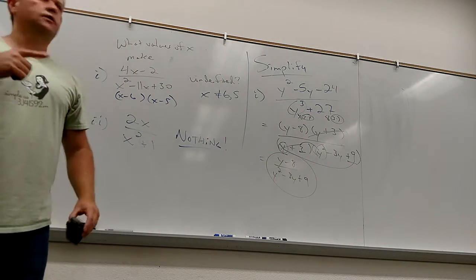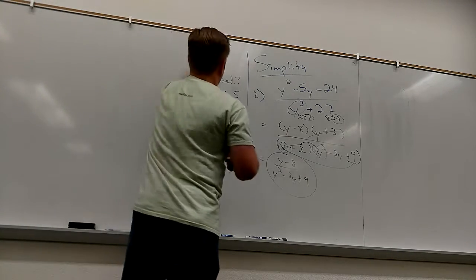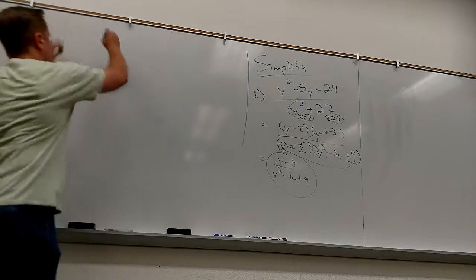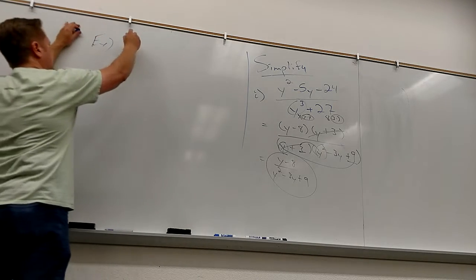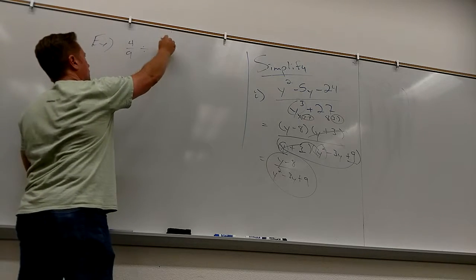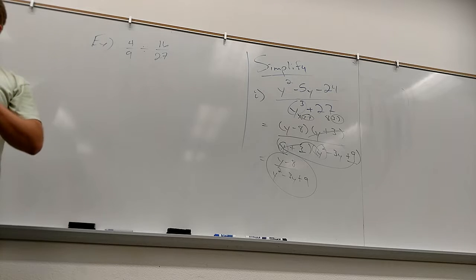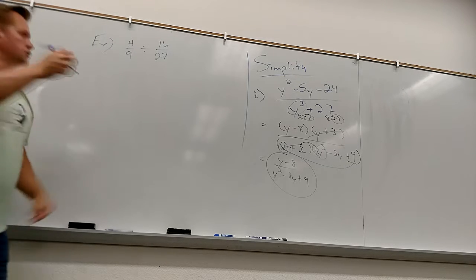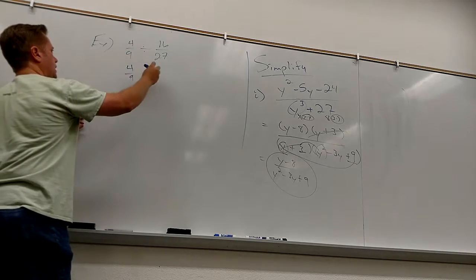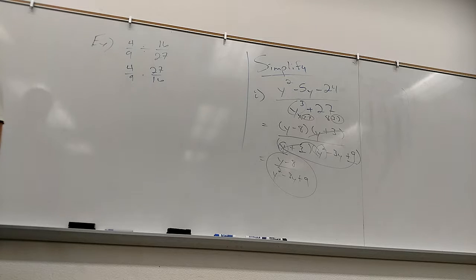So we did that. Somebody help me out, remind me, what do I do with something like this here? How do I do that? Multiply by the reciprocal. Yeah, so then I say 4/9 times, and I showed you why that works, why that's true.